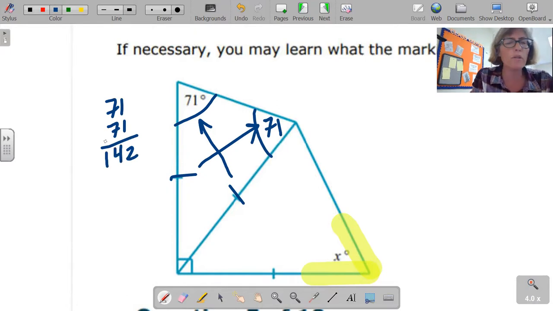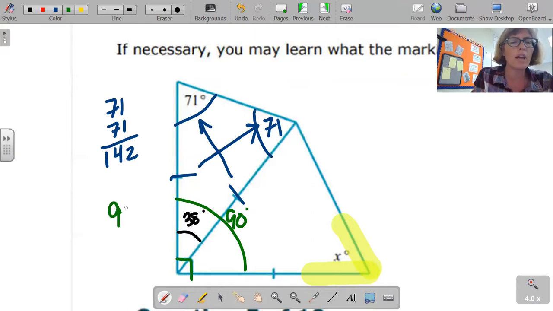And of course that adds up to 142. Take it away from 180. And we get 38. You're like, what else can I find? Well, that is 90 degrees. So 90 minus 38.